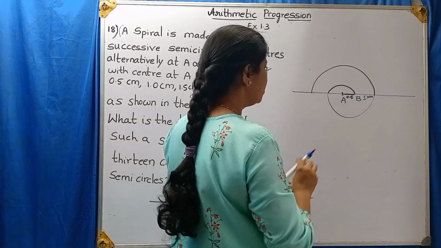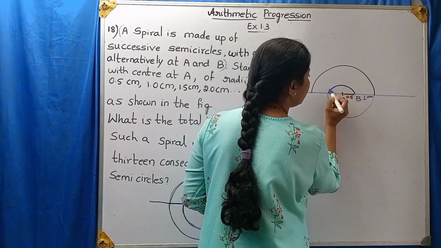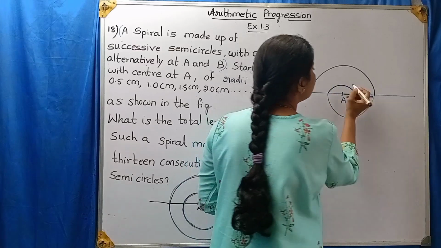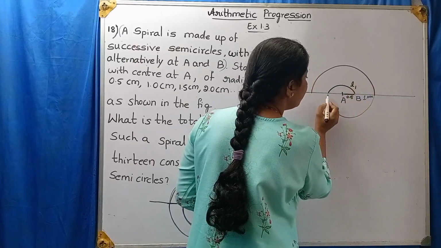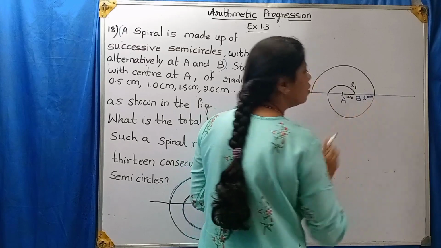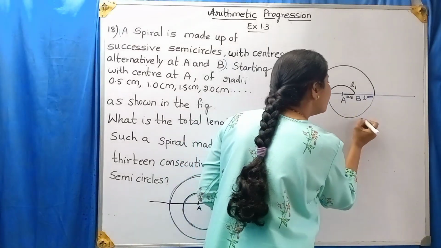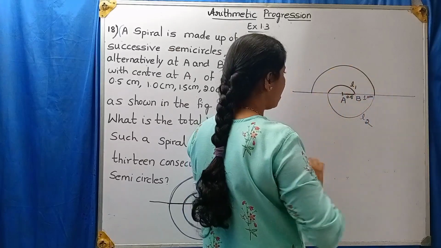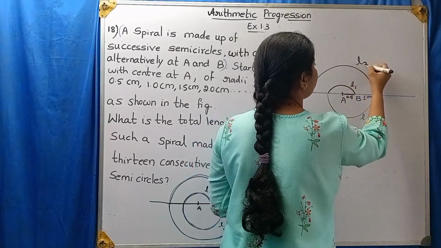Now, this is our L1, the length of this semicircle. Let me name this as L1. And the length of this semicircle, let me name that as L2. And let me name this semicircle as L3.